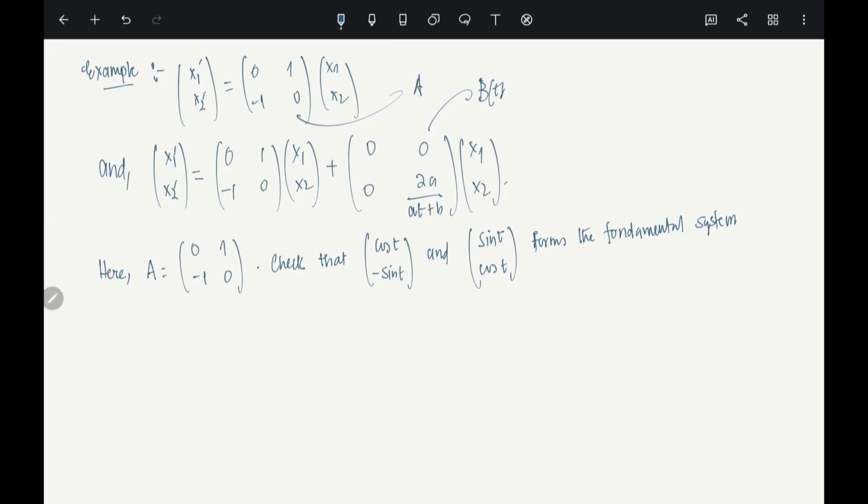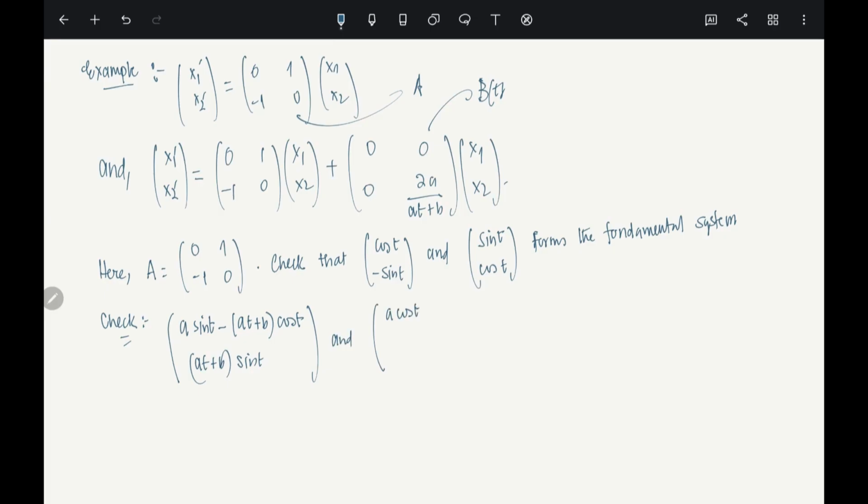I hope this is okay. Now also check this part. Check that this vector, A sine t minus (A t + b) times cosine t, and (A t + b) sine t, and this vector, A cosine t, and (A t + b) sine t and (A t + b) cosine t, form the fundamental system of solutions for the perturbed equation.